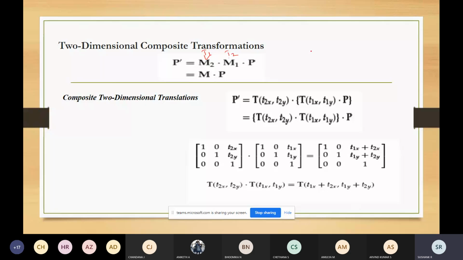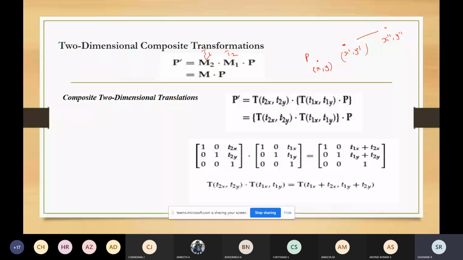For example, there is a point called P. This is the initial point, x comma y. I want to move this to some other point, x dash comma y dash. Again, from this point I want to move it to a point x double dash comma y double dash.